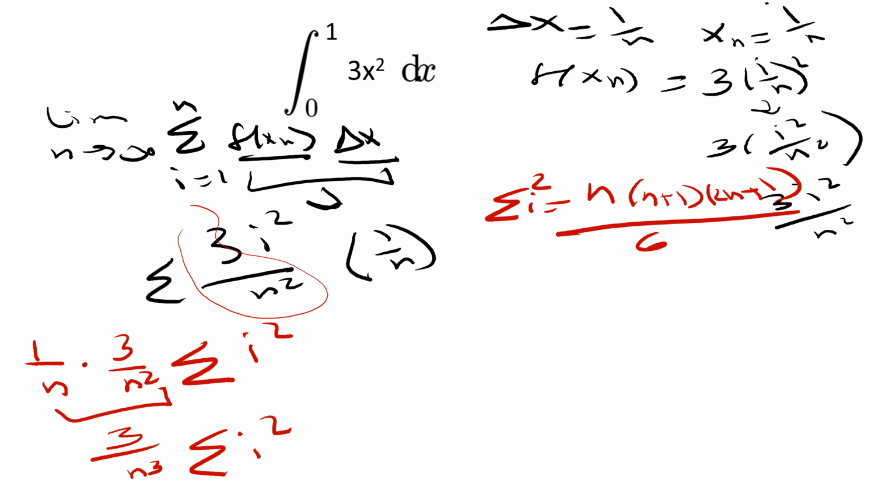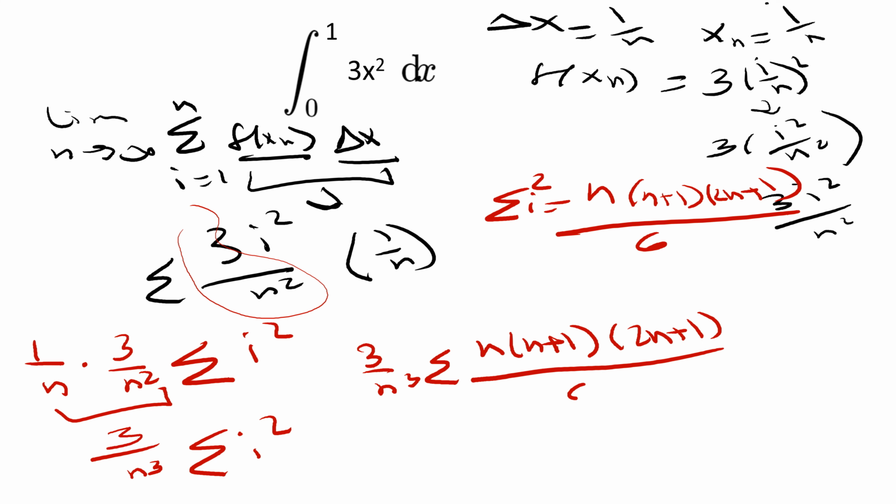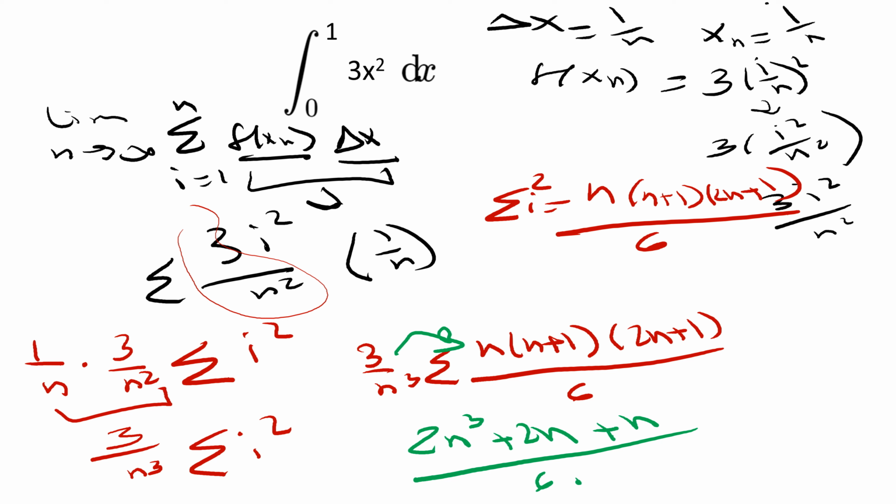So we will just substitute this for that, which is 3 over n cubed, n times n plus 1 times 2n plus 1 divided by 6. And I will simplify this, which would give me 2n cubed plus 3n squared plus n divided by 6. And I will bring in the 3 for all of those terms.